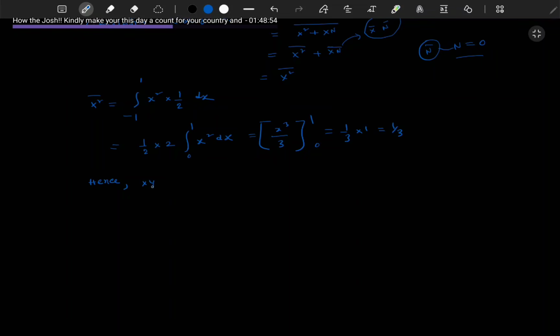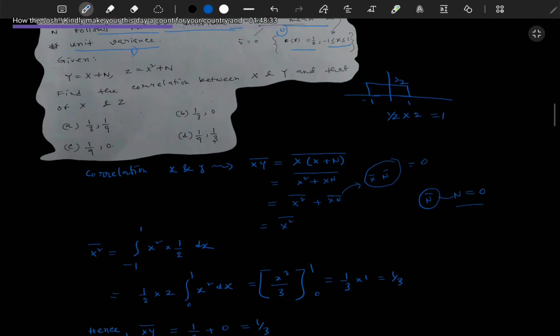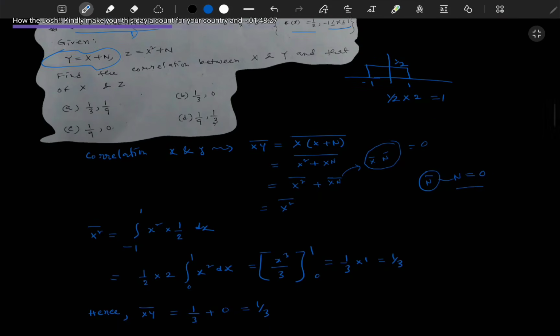Hence xy whole bar, meaning the correlation between x and y, is 1 by 3 plus 0, that is 1 by 3. Here we have written y equal to x plus n, because it is given in the question.